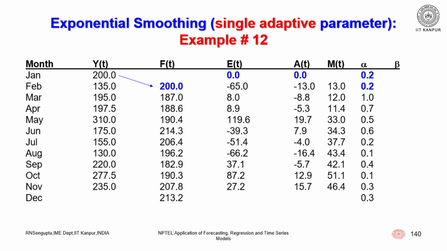Now, let us do a simple problem in the similar manner as we have done. So, this is problem number 12 and specific to the single adaptive parameter.